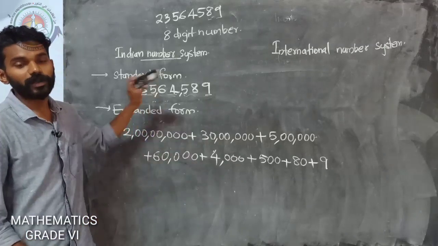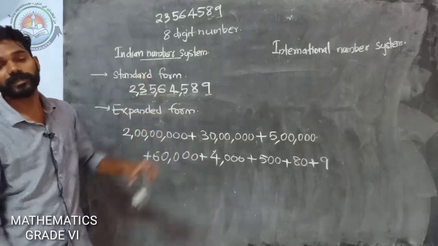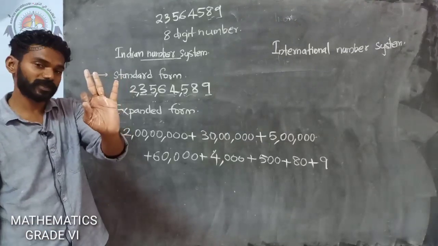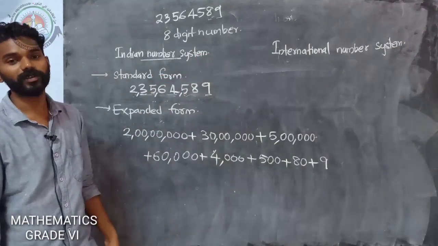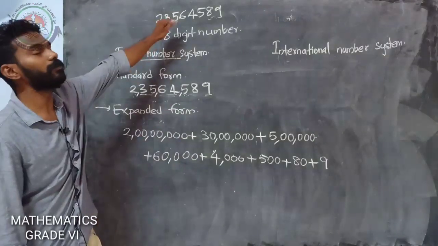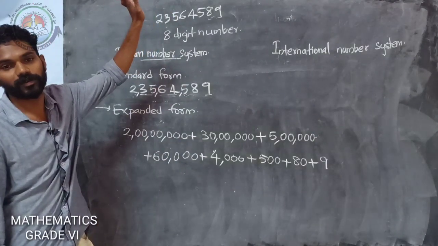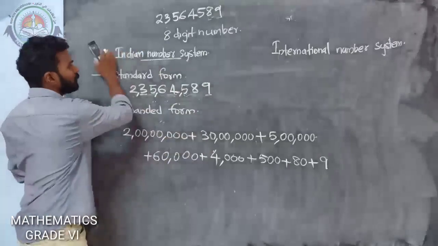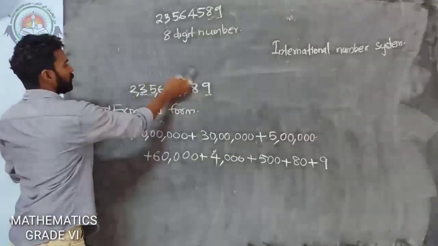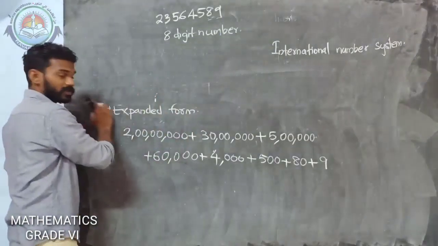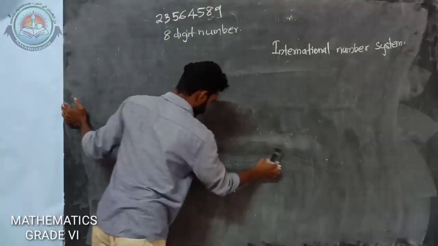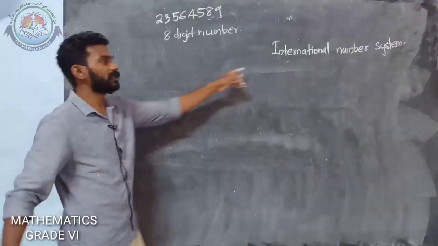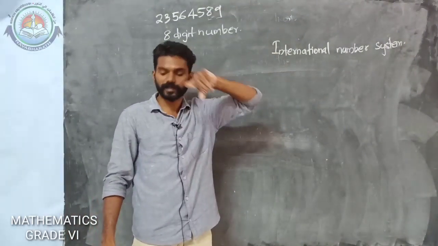So now we will discuss the same 3 representations for the international number system, for the same number itself. So let's begin. Let's begin with which form? Let's begin with expressing this number in its standard form. In which system? In the international number system.